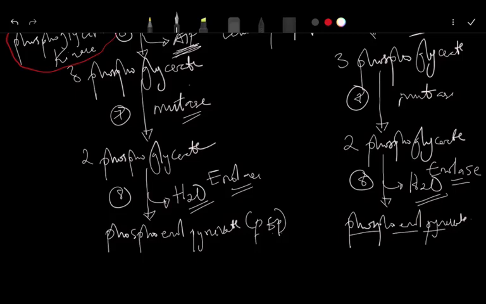That one is usually seen in the red blood cell. It's a shunt on its own.